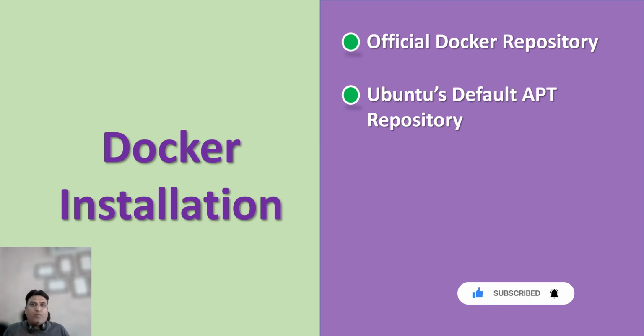And then second we have Ubuntu's default apt repository, meaning you can install a Docker that comes with the Ubuntu default apt repository. We are gonna see in the demo part, or in the next slide we will have a script ready, where you can see how all the different types of installation work.